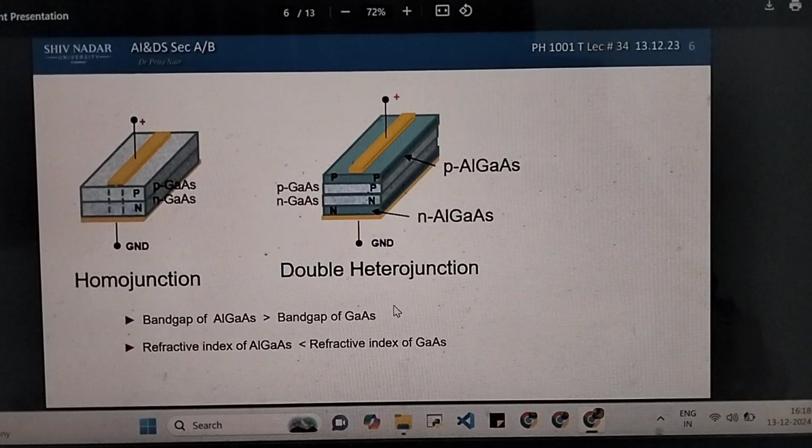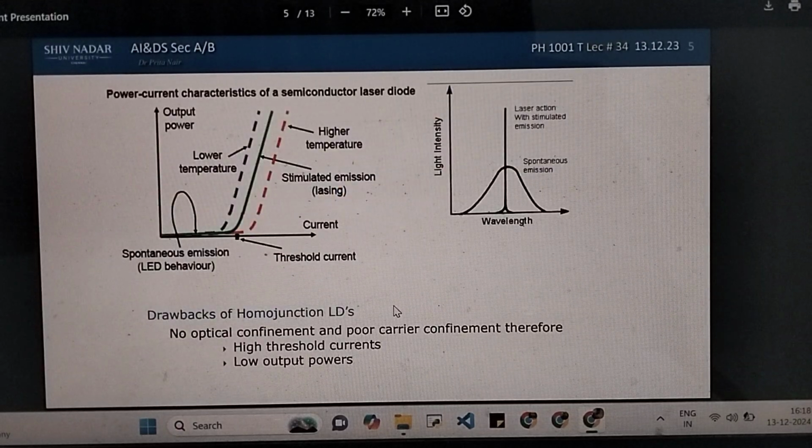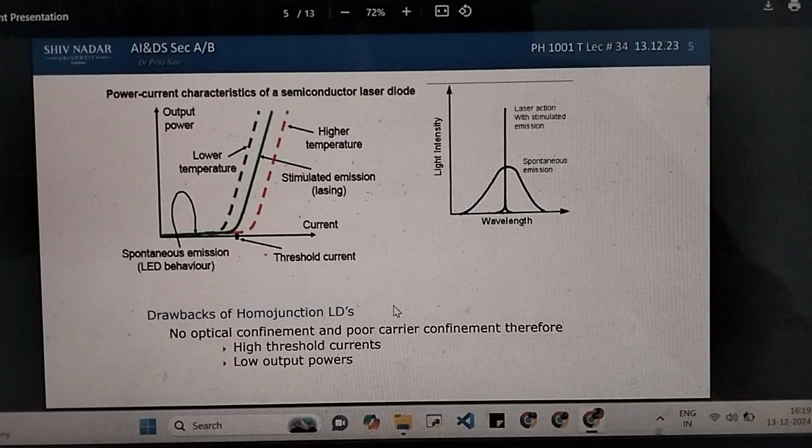So the problem with homojunction semiconductor lasers, meaning semiconductor lasers where you have only one semiconductor, is that both the photons as well as the electrons have a chance of leaking and getting out of the system. So you have to provide a large amount of current for pumping. You will still get only a low output power. So that is inefficient, right? So we come up with something called the heterojunction lasers, which we will be looking at now.